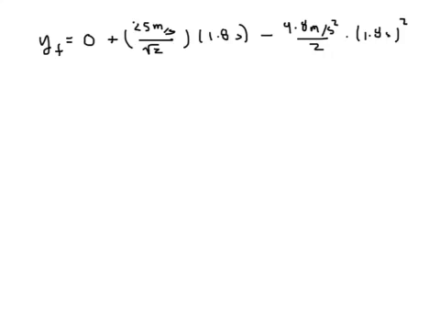Okay, so I've carried through all the units here because I want to show how they end up canceling each other out. This second is going to cancel the second. We're going to have meters, and that's what we're looking for. And over here we've got second squared. That's going to cancel with this second squared. So we will also have meters there.